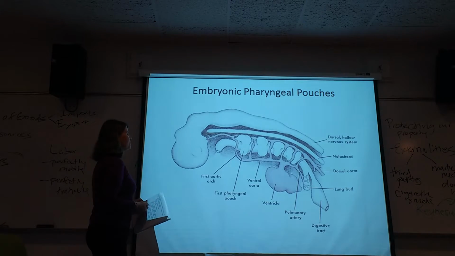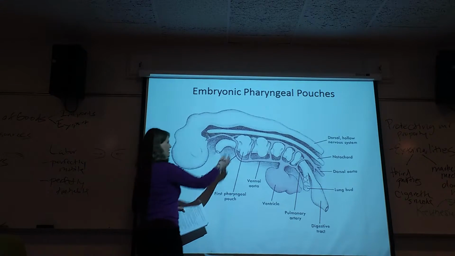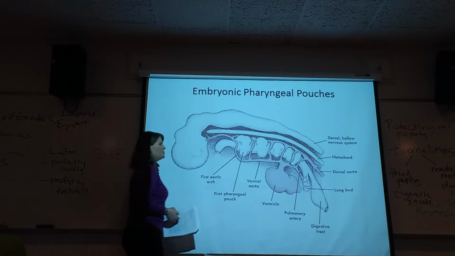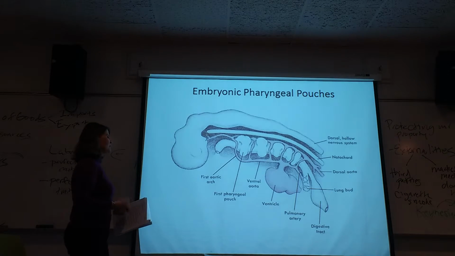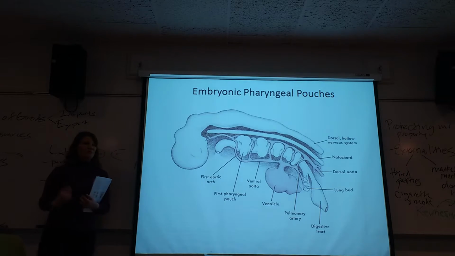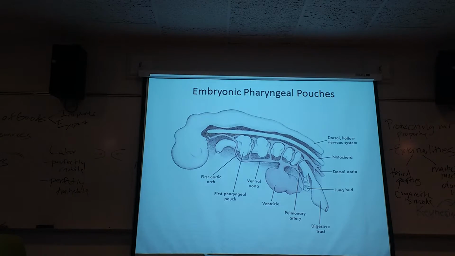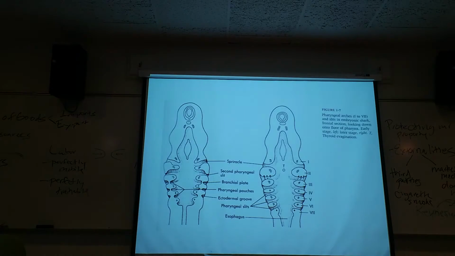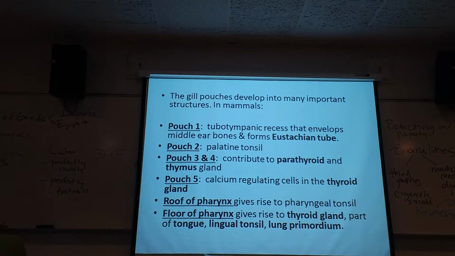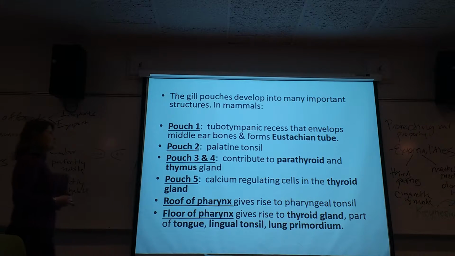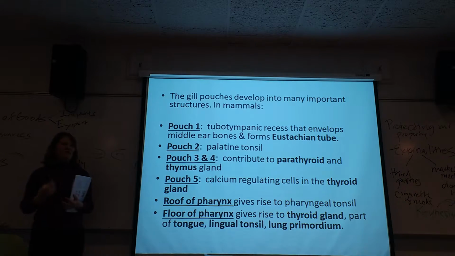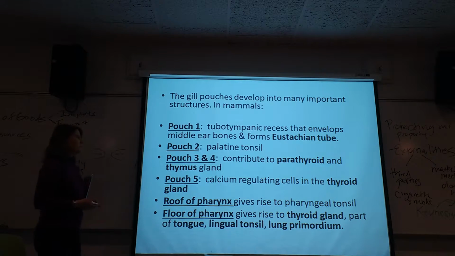And if this is a terrestrial vertebrate, they will just remain this way and then develop into adult structures rather than perforate. So this is what the pouches actually become. They become very many important structures related to the region of the pharynx.